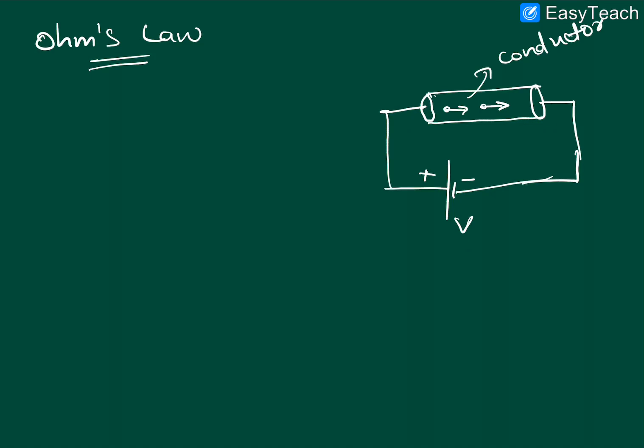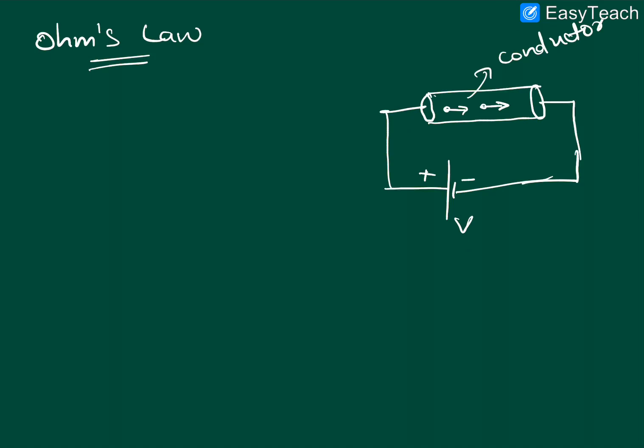Actually, the charges which are moving are electrons, but as I already discussed, by convention we will consider that charges are moving from positive to negative and they are positive charges, even though in reality they are electrons, which are negatively charged particles that move from negative to positive. We will assume that charges are positive and moving from positive to negative. So this movement and the applied voltage have a relationship which is given by Ohm's law.